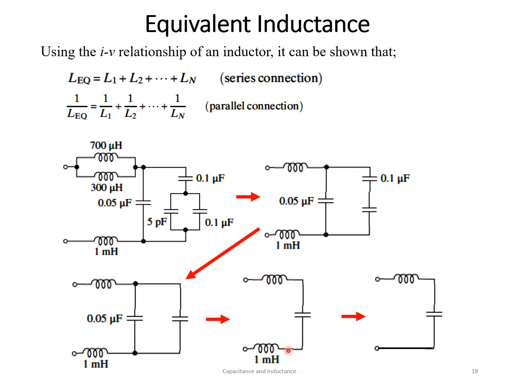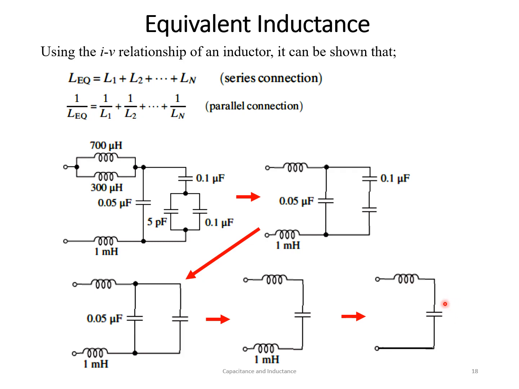Now, as all three elements are in series, we can change the order of the components. We can combine this with this. As long as they are in series, we can take this to this position. So adding these two will give the equivalent overall inductance and capacitance.